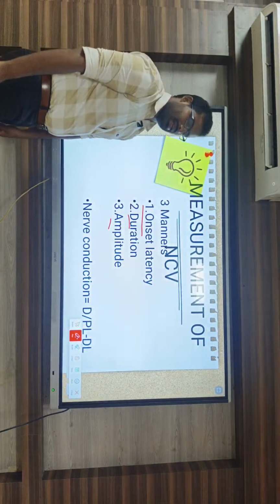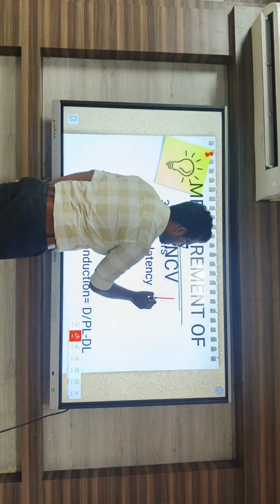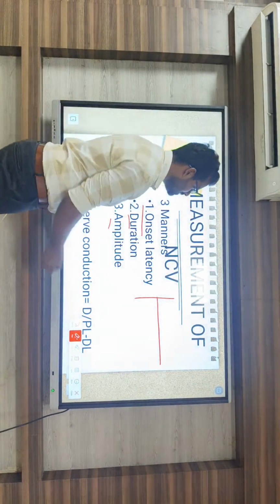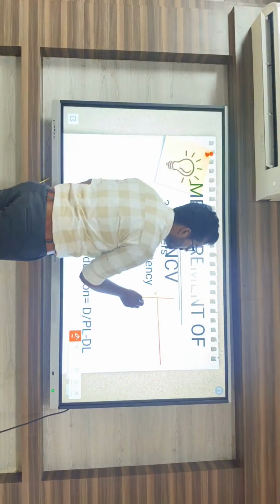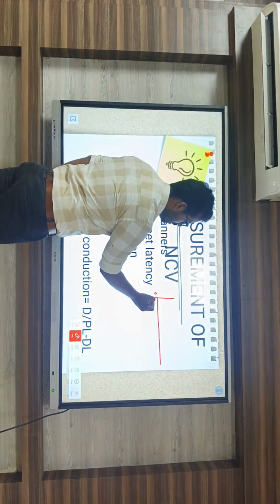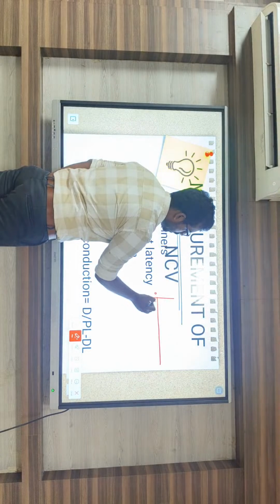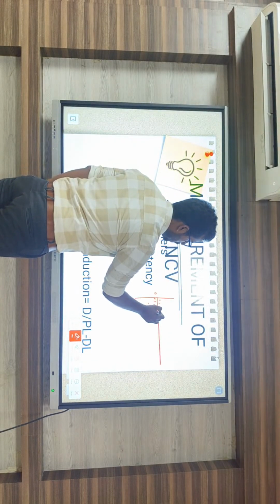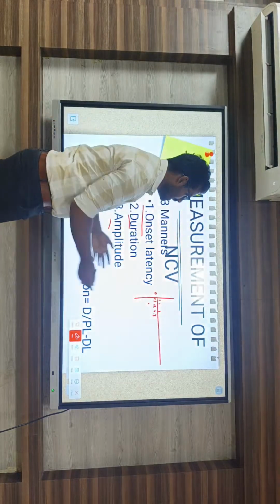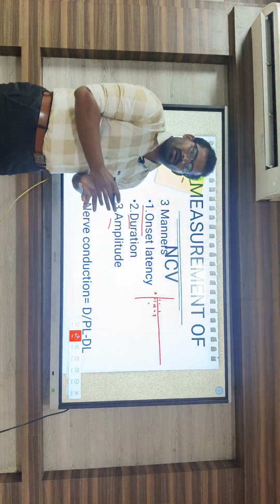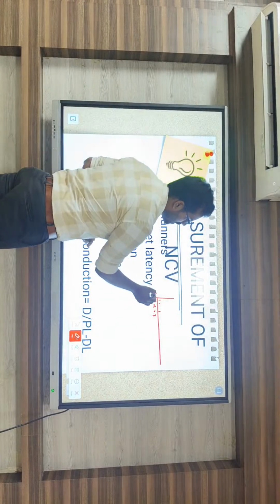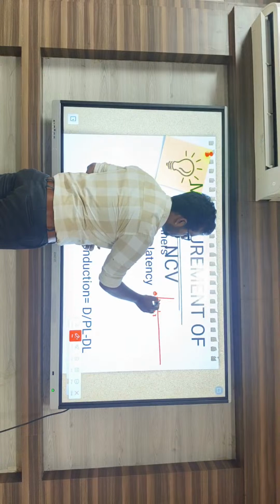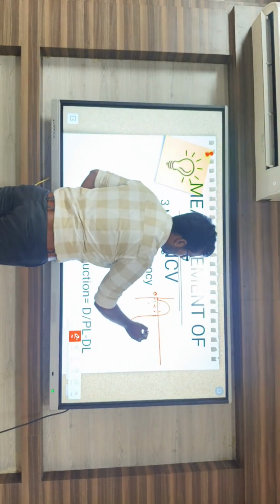So what is meant by latency? In our normal muscle, with normal innervation, when we increase the intensity knob from 0, the next to 0 is 0.1, 0.2, 0.3, like that. If the muscle has normal nerve innervation, once we start increasing the intensity knob, automatically the muscle is going to contract from the level of 0.1.